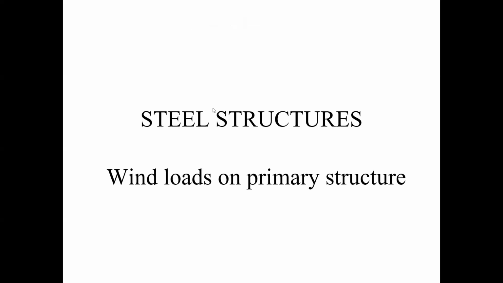And so, wind loads on primary structure. Because it's the primary structure, I think I've explained this once before, but I'll talk about it right now. When you have a building and you have the wind loads acting on the building, when it comes to the primary structure, you just worry about the external forces.